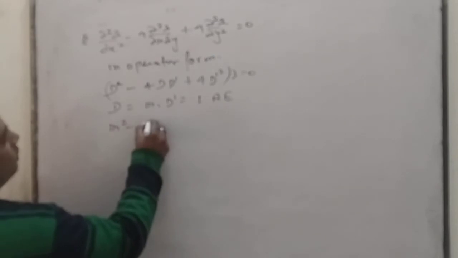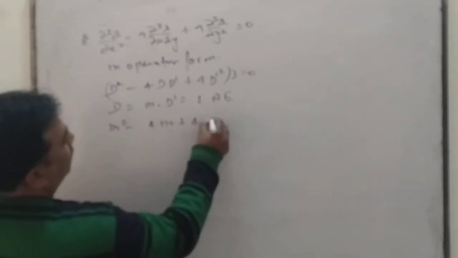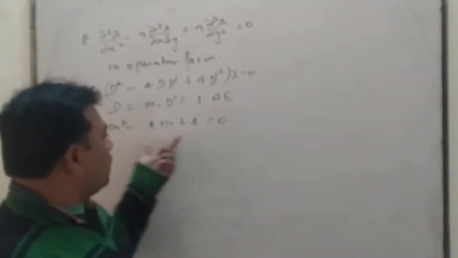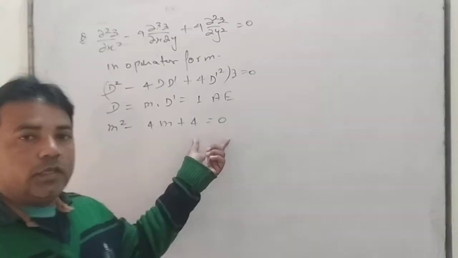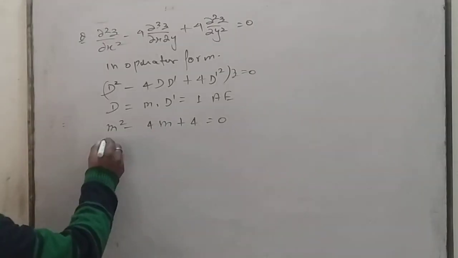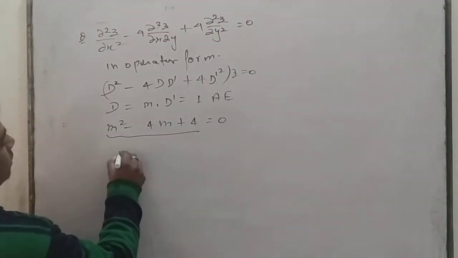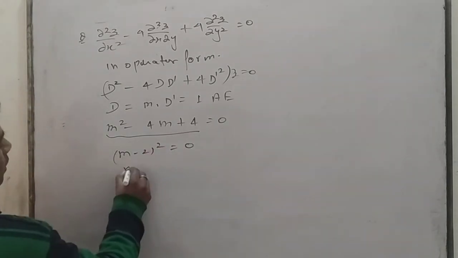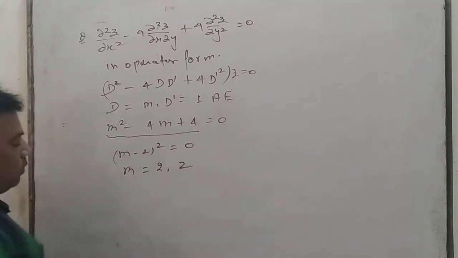The auxiliary equation is m square minus 4m plus 4 equals 0. You will get a second order equation. Factorizing the quadratic, (m minus 2) whole square equals 0. That is, m equals 2, 2.